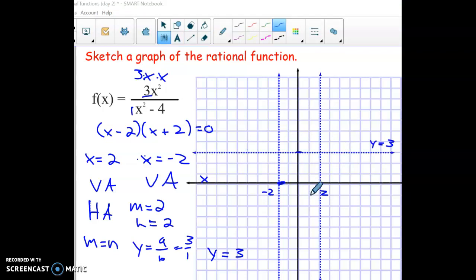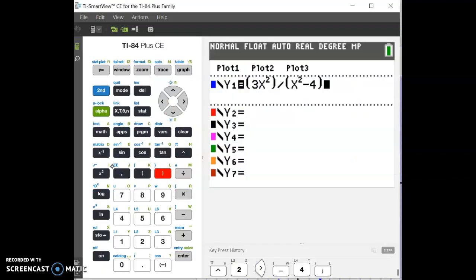Okay, now I got to figure out what the graph actually looks like, so that's where I'm going to use my calculator. And again, just make sure you use parentheses around the numerator and the denominator. Okay, so that's what it should look like entered in. Divide symbol between them, hit graph.